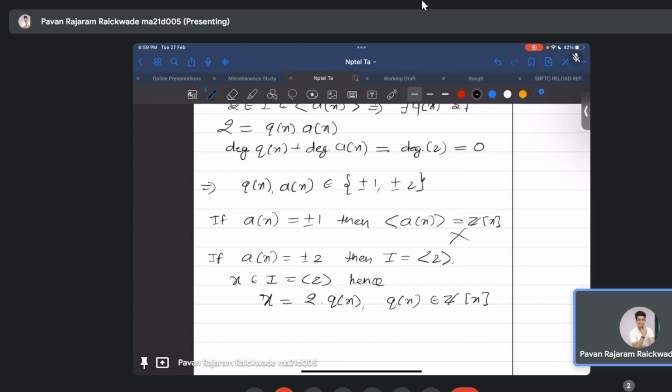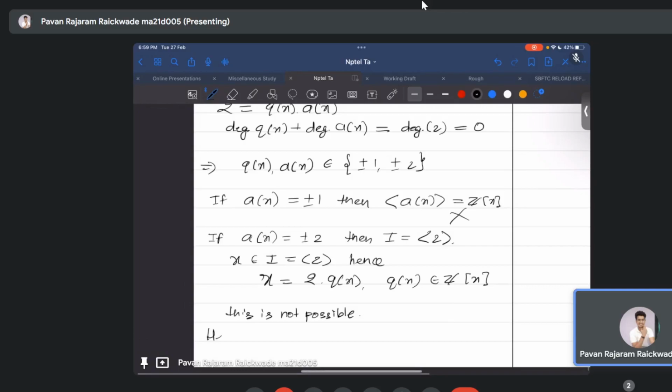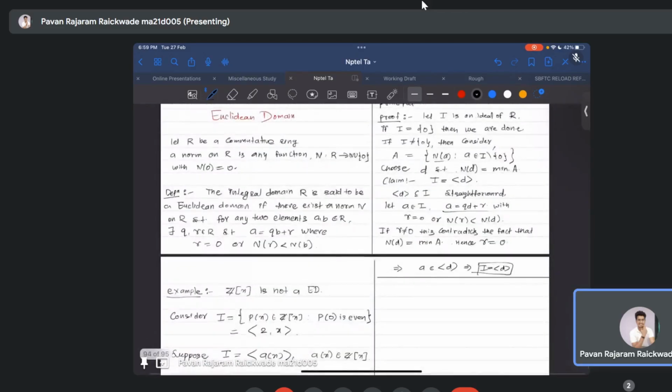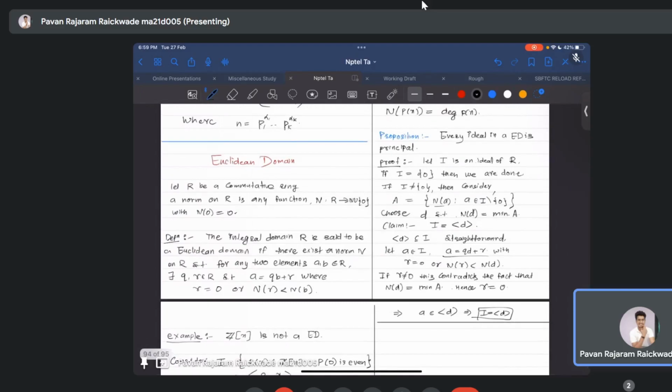But on your left hand side you have x, where the coefficient of x is 1, which is odd. So this is not possible. Hence your assumption was wrong. Hence I is not a principal ideal. It means Z[x] is not a principal ideal domain. By the proposition earlier, it follows that Z[x] is not ED.